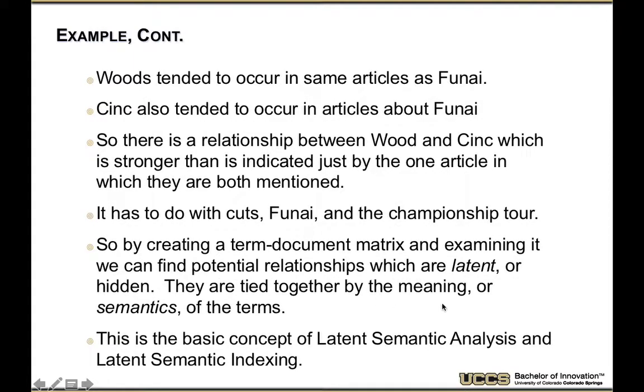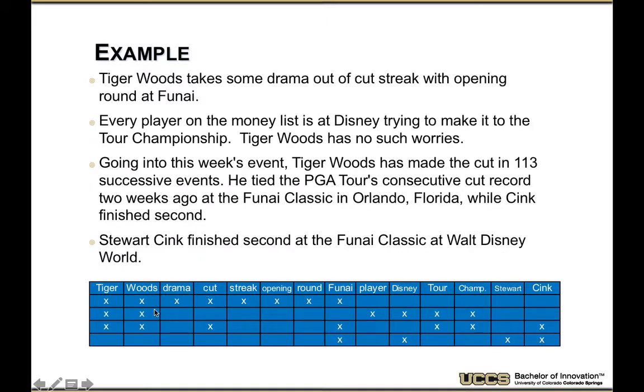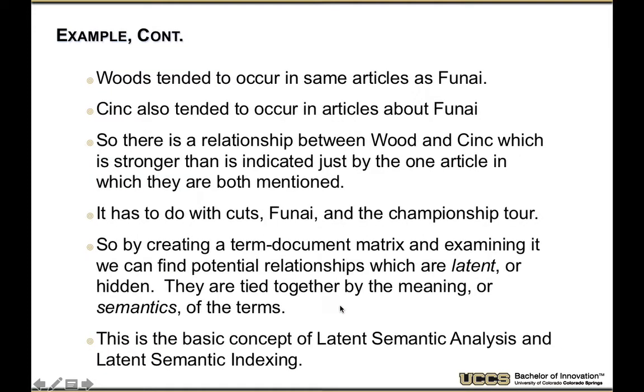They're tied together by the meaning, or semantics, of the term. So Tiger and Woods have a semantic meaning together, but so do Tiger and champion and Funai, right? That's a latent meaning. Tiger Woods is his name, that makes sense. But that he keeps showing up with Funai is a little different, a little latent, a little harder to see.